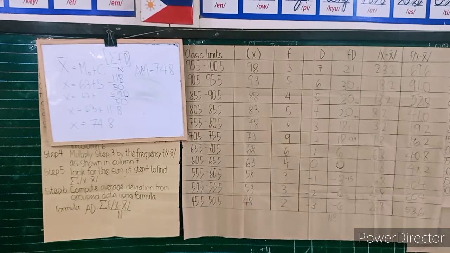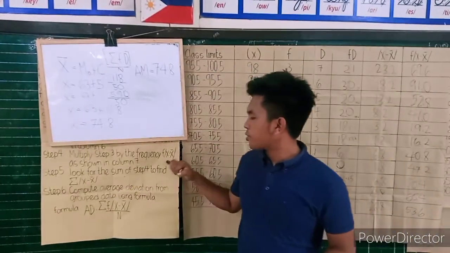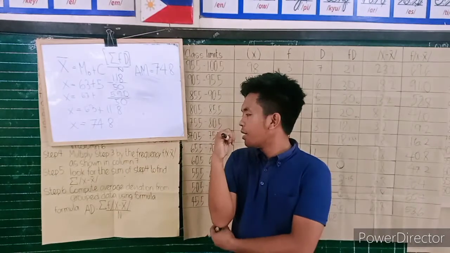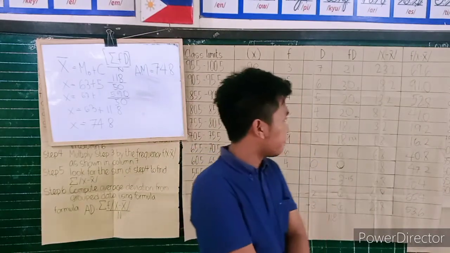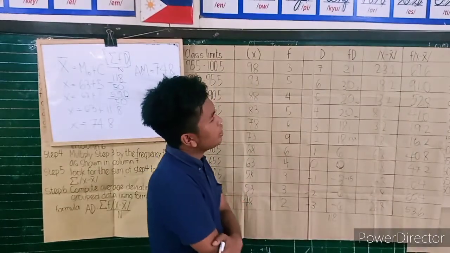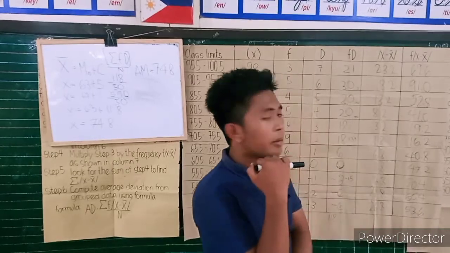Okay. Step number 5. Look for the sum of step number 4 to find the summation of frequency times x minus the arithmetic mean. So we need to add all the numbers.